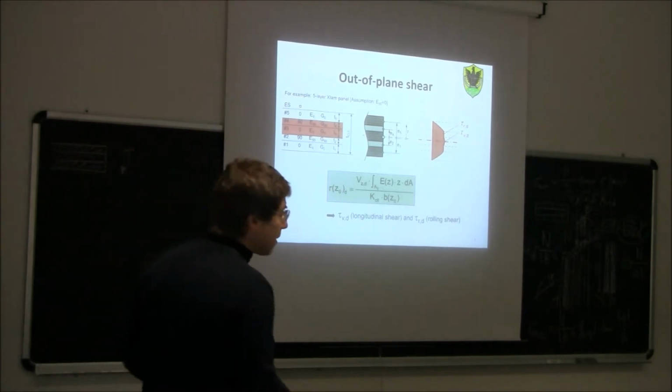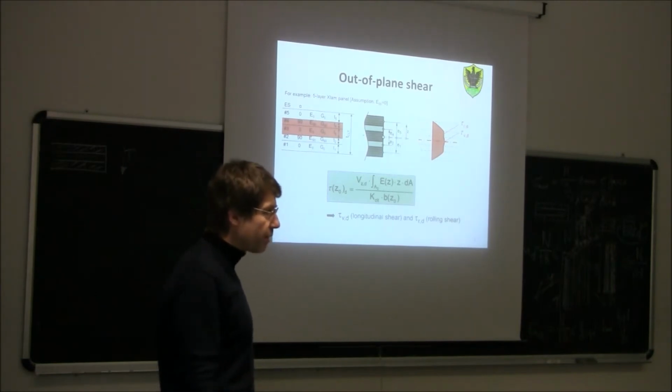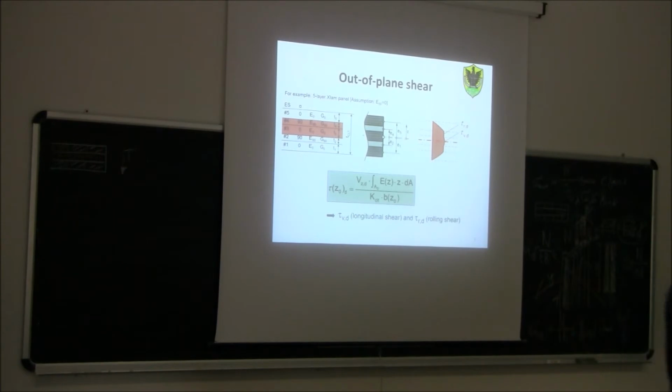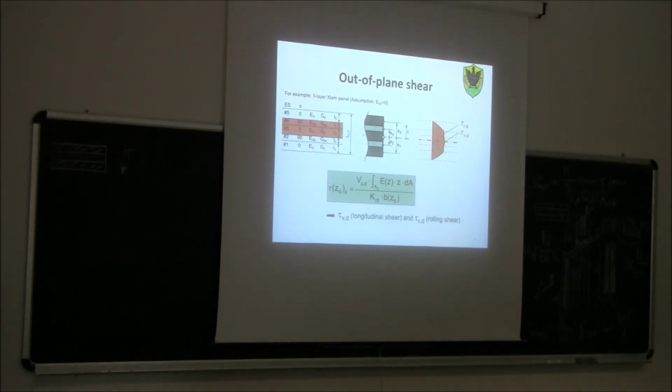This shear comes from a bending moment, right? Can we have a shear without a bending moment? No. Can we have bending moment without shear? I think we've already discussed this, maybe I'm going to discuss it with the other class of the theory. So we cannot have shear without bending moment.